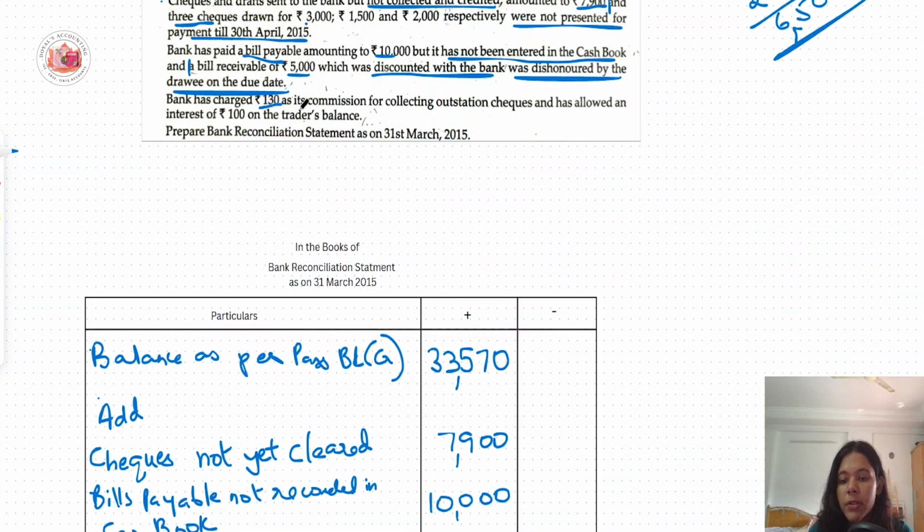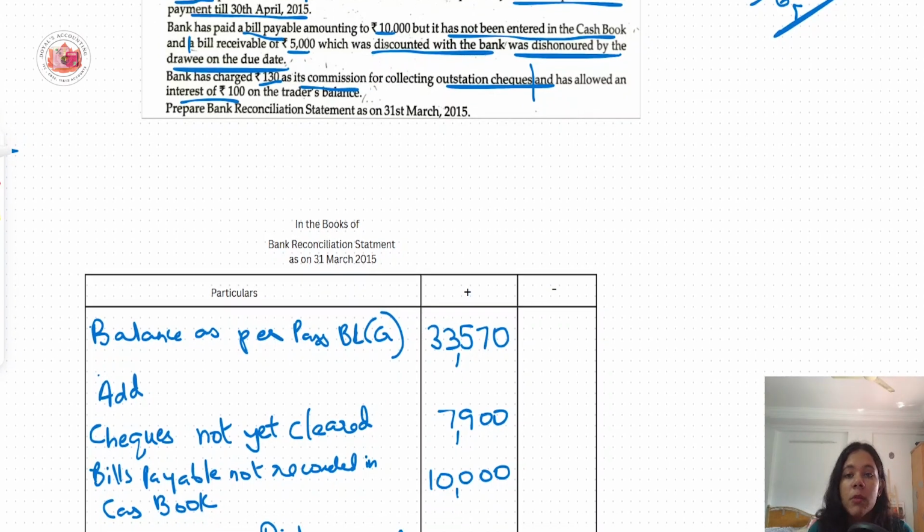Bank has charged rupees 130 as its commission for collecting outstation checks and has allowed an interest of 100 rupees. Okay, let's divide this also. So the bank has charged 130 rupees. Now our passbook balance is less by 130 rupees than our cash book balance. This bank charge has not been recorded in our cash book.